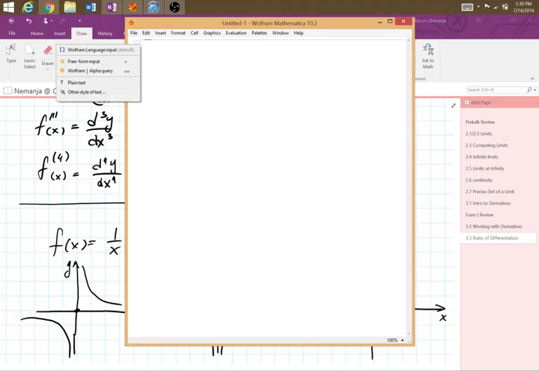First one is free form input. If you click on that one, it will use local resources. It will use the software that is installed on your computer. It will use the processor of your computer to compute stuff. And you do not have to be connected to the internet to do work. And the third one over here, Wolfram Alpha query, is the one that only works if you're connected to the internet because you are using their cloud computing.